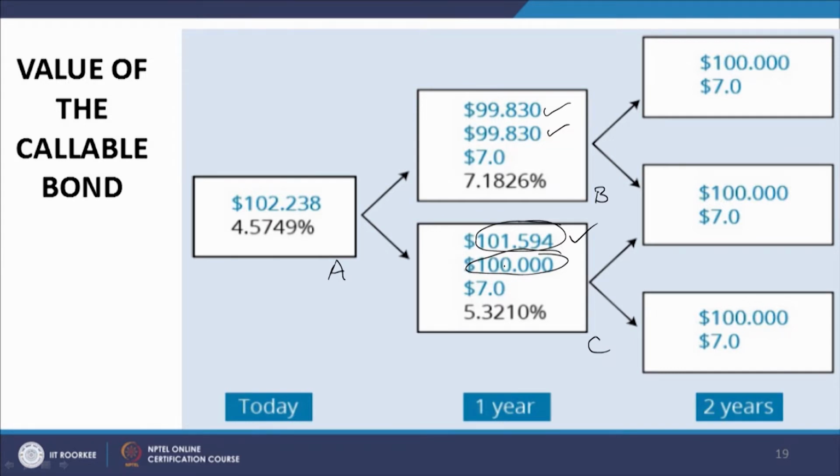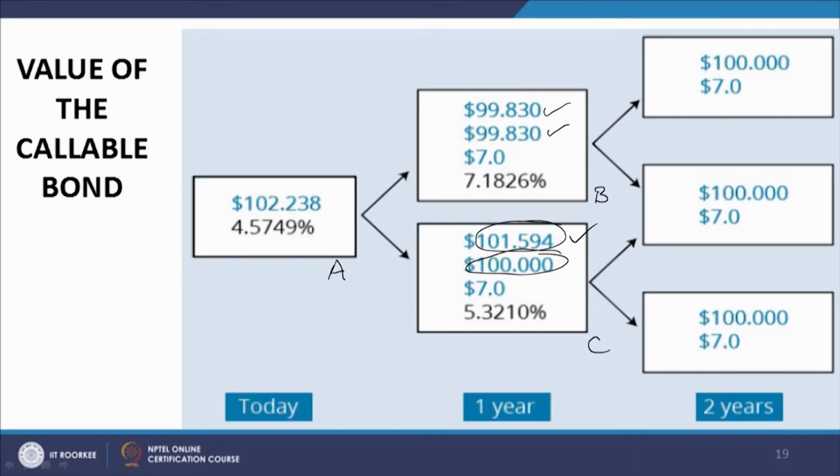What is happening here is that when there is an embedded call option, as soon as the price at any particular node goes above the exercise price, the computed price is replaced by the exercise price. What does that mean? It means that as far as the investor is concerned, the upside that is generated on the bond decreases.